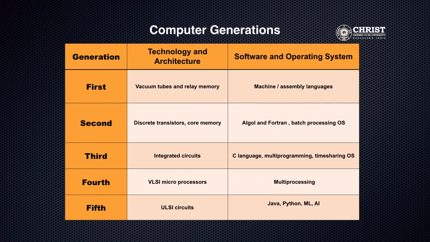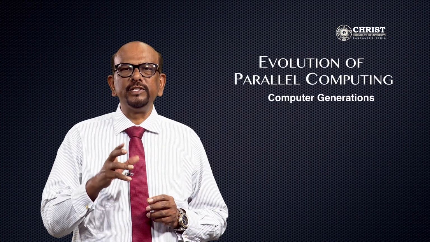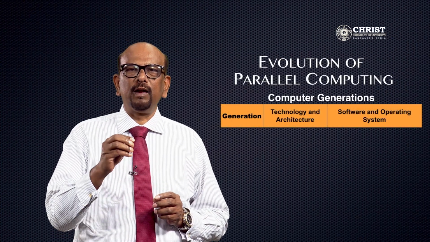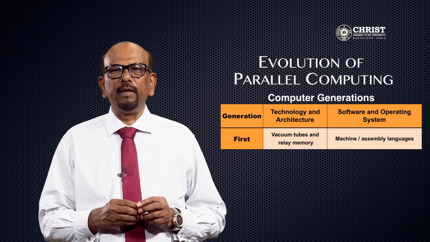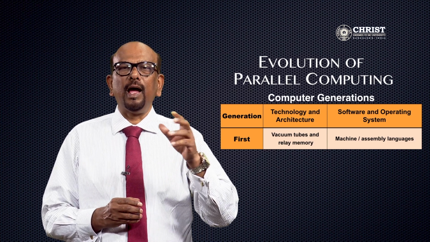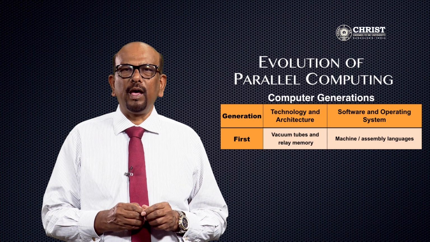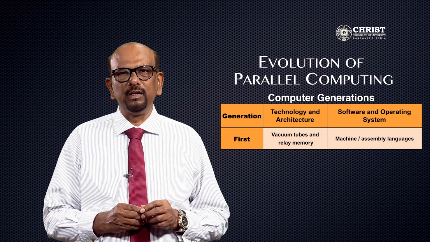This table gives a high-level view of the 5 generations we have come across. In the initial days, computers were built using vacuum tubes and relay memory. They were enabled by machine language and assembly language. They are called the first generation computers.